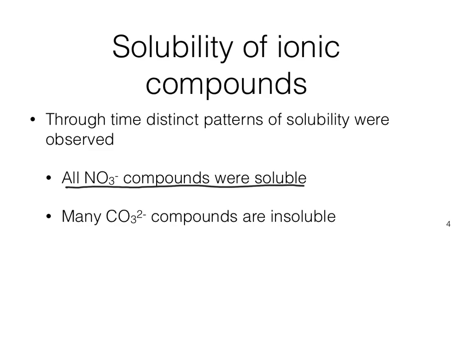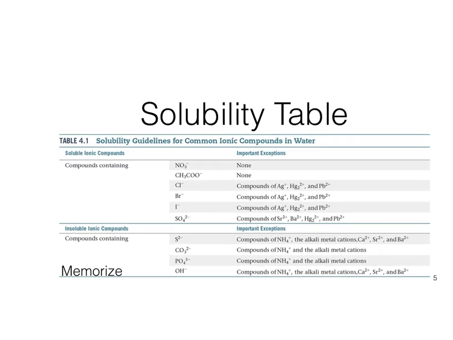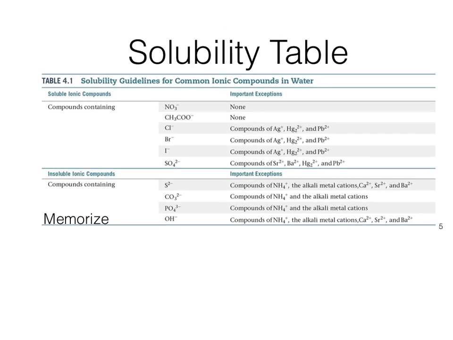So over time they created this solubility table. We can see that these two are always soluble, and that second ion is the acetate ion. What the chloride section says here, which I'm going to highlight, is that if you mix chloride with any metal except silver, mercury 2, and lead 2, it's going to be soluble.